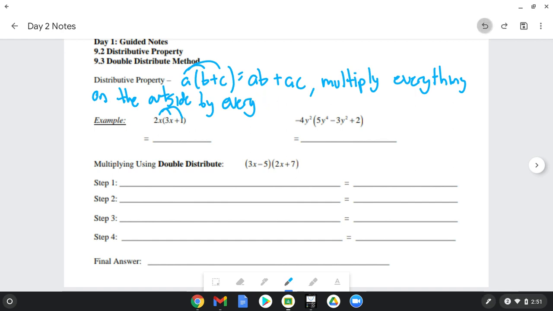Or I should say, we'll go each term on the inside.